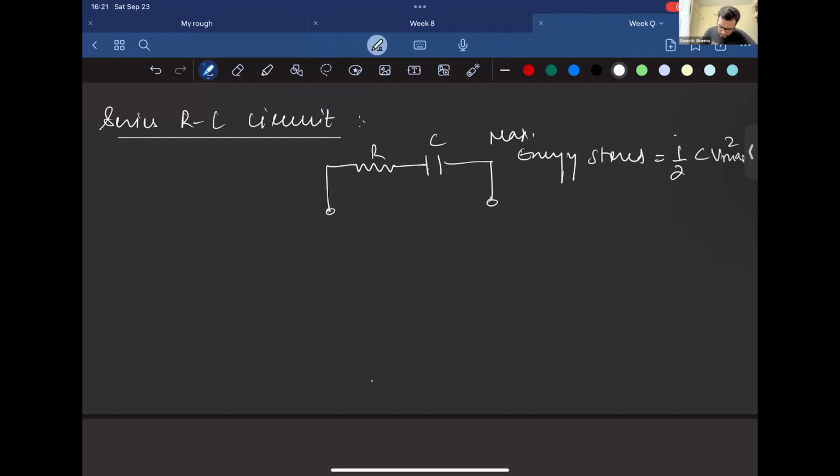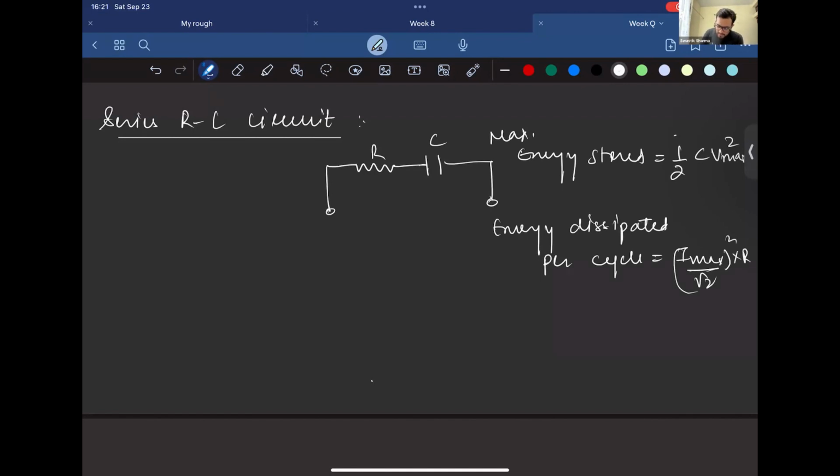And energy dissipated per cycle is I max by root 2 square times R, right?